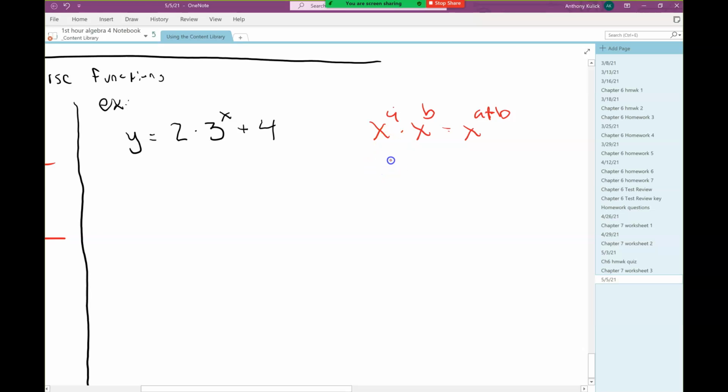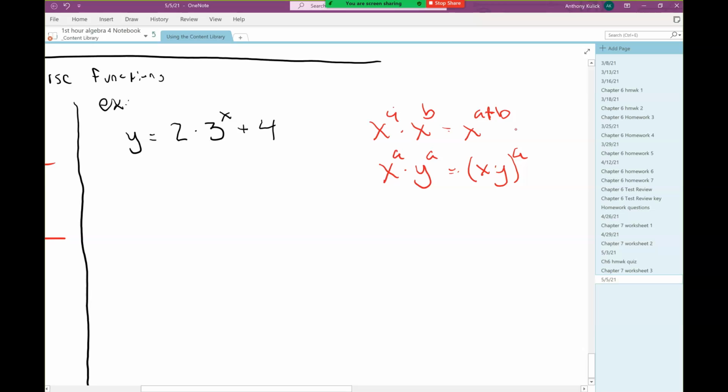Or say I have like x to the a times y to the a. I can multiply the x and y together and keep the exponent the same. But I can only multiply things together if they either have the same base, which I add the exponents, or the same exponent, in which case I multiply the bases.